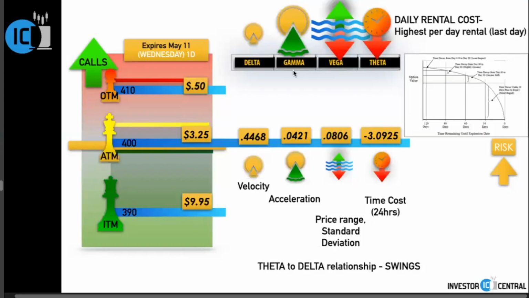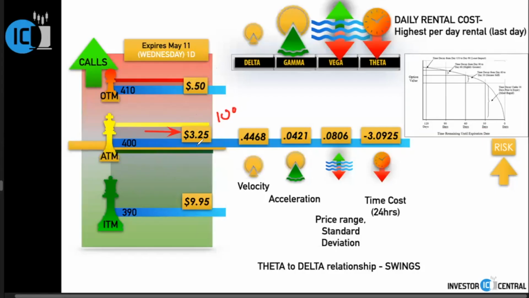So one of the examples I have here, we're going to use some rounder numbers just to keep things nice, is assuming that right now SPY is at $400, okay? Whatever the expiration we're focused on here, say a one-day expiration just to keep it simple, the price for that option is $3.25. Now remember we were talking about how each option represents 100 shares.